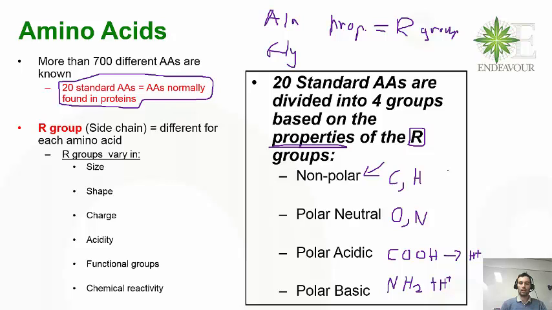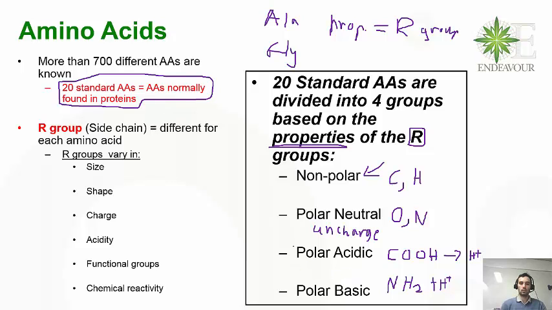We can separate our amino acids into one of these four groups. They're either going to be non-polar, made up of just carbons and hydrogens, or polar neutral, so they're uncharged, but they'll contain oxygen and/or nitrogen. If they're acidic, then we're going to have the carboxylic acid group, and if they're basic, they're going to contain our amine group here.